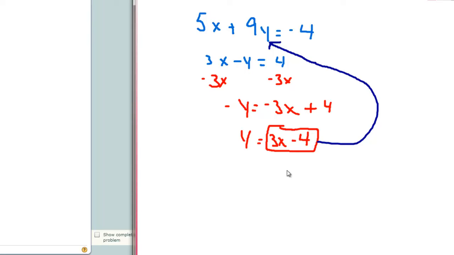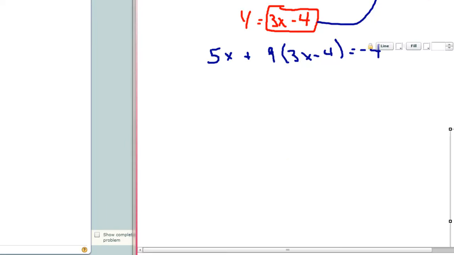So we have 5x plus 9 times (3x minus 4) equals negative 4. And let's distribute that 9. We end up with 27x, and then that's going to be minus 36.